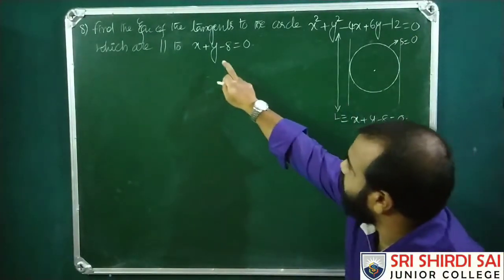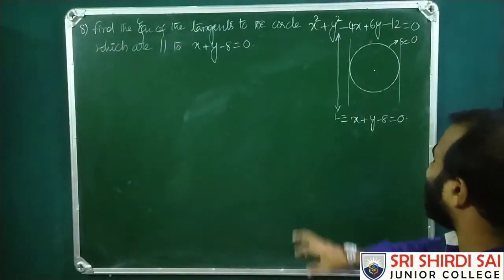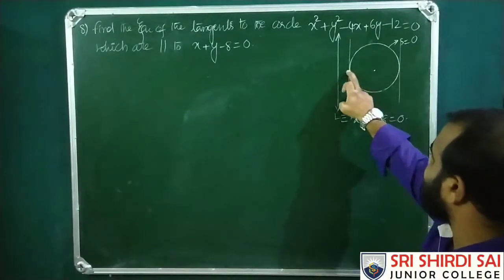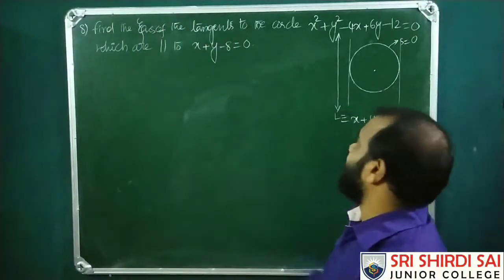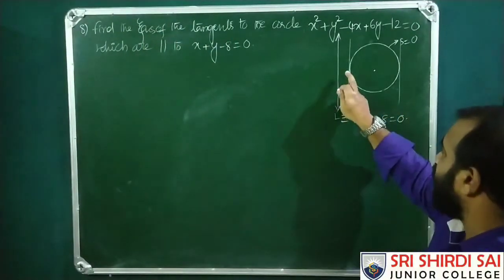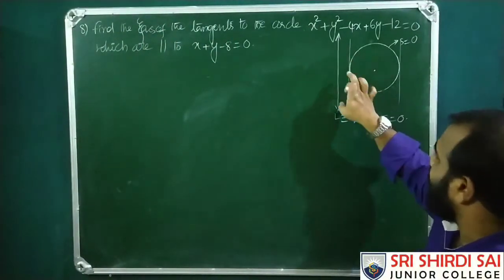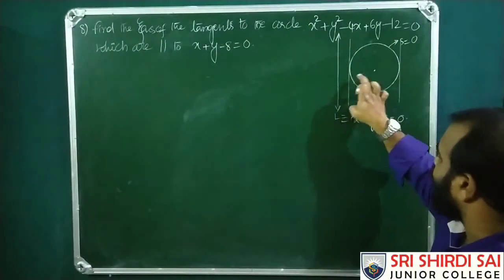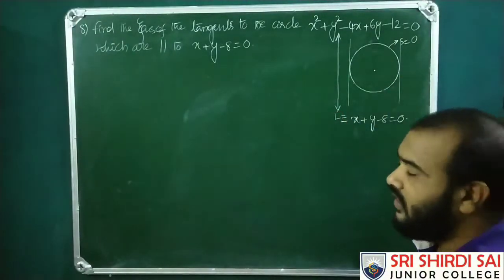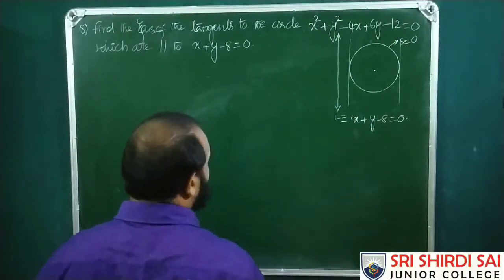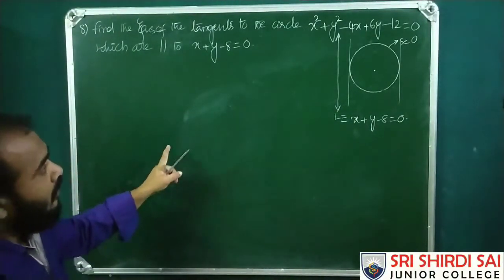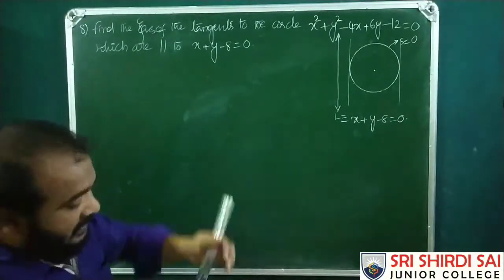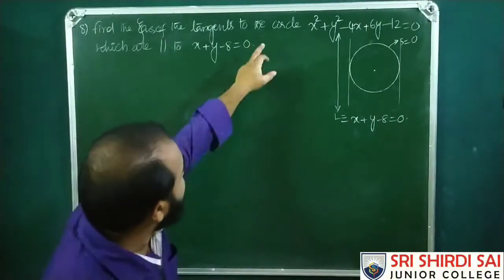Clearly there are two such lines, which is why the question says find the equations of the tangents. So parallel to this there exist two tangents, and we need to find their equations. Before this, we have actually found the equation of the tangent at P(x1, y1).